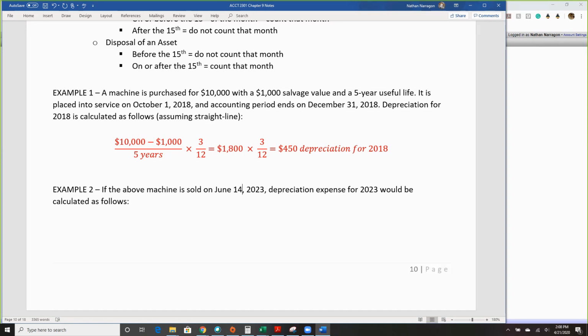So we're only looking at that year. Now, if we're selling a machine, that means we probably had it at the beginning of January, so you need to start from January. How many months did I have the machine in 2023?